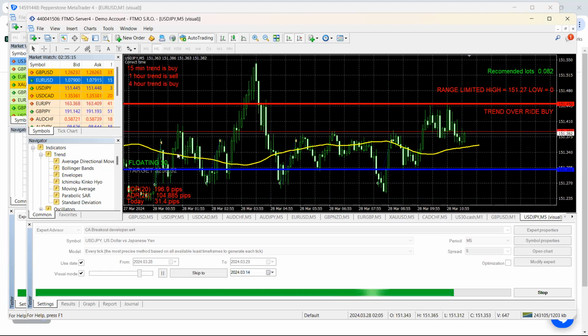Now, normally CA breakout. So we've had 4 trades for $60. That's $240 profit. Normally, CA breakout would be aiming for just 50, 60, maybe 80.